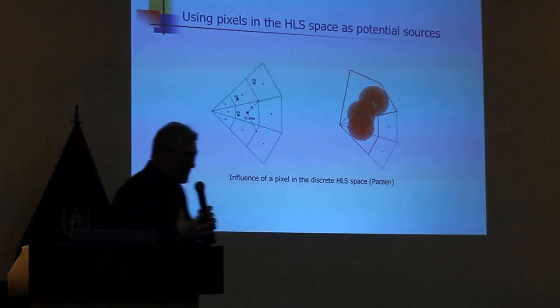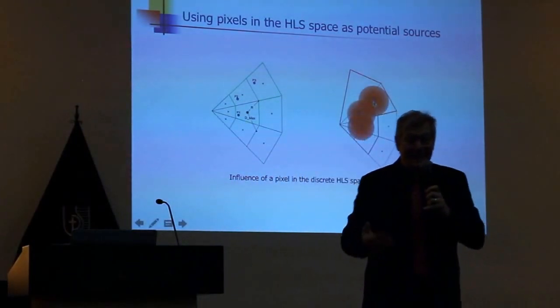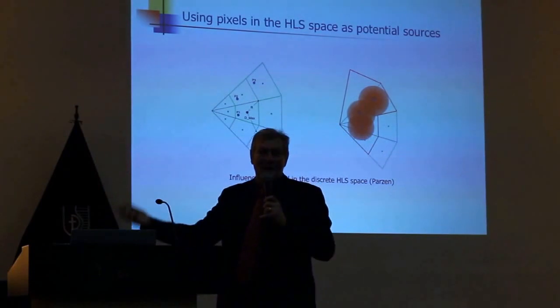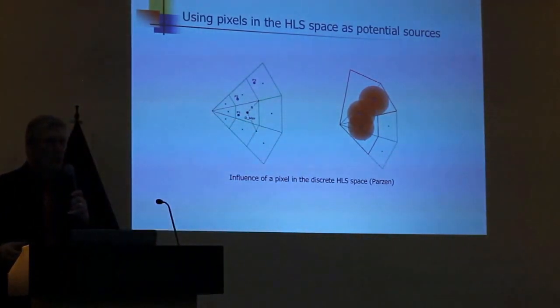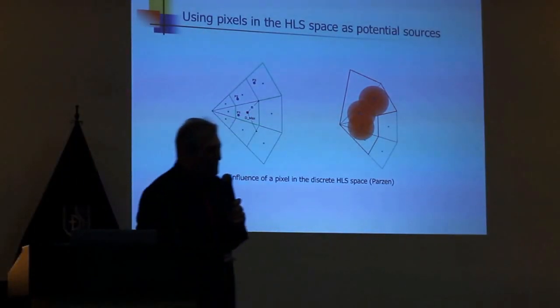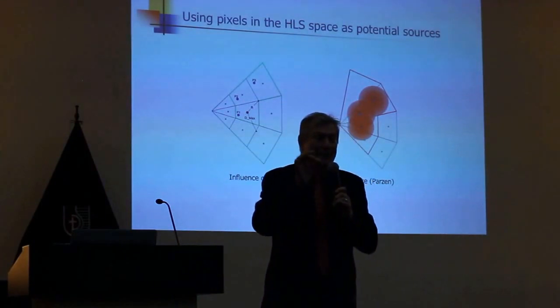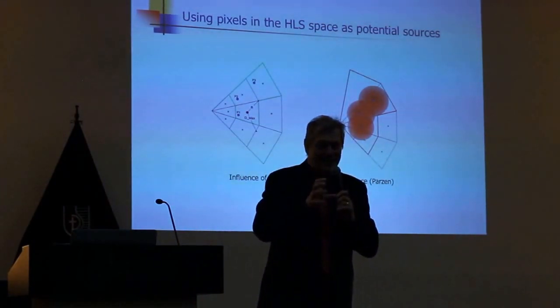But by this way, there is a kind of communication, and this is exactly the spirit of Parzen-Rosenblatt windows in signal processing. So, when we use that, we get a continuous function in the HLS space, and now we come back to a digitized representation because we just consider the potential value as the representative of the cell.